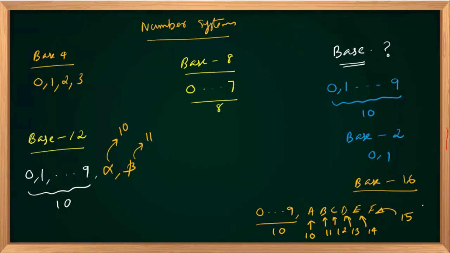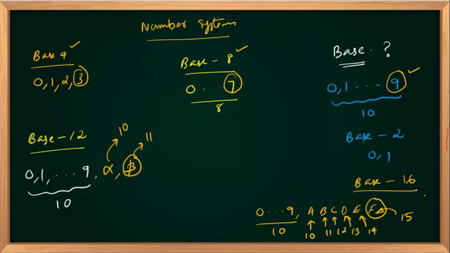In all these cases, you can observe that the highest symbol has a decimal equivalent of base minus 1. Here it is base 4, so the decimal equivalent of the highest symbol will be base minus 1, that is 4 minus 1 is 3. 8 minus 1 is 7. 10 minus 1 is 9, the highest symbol.